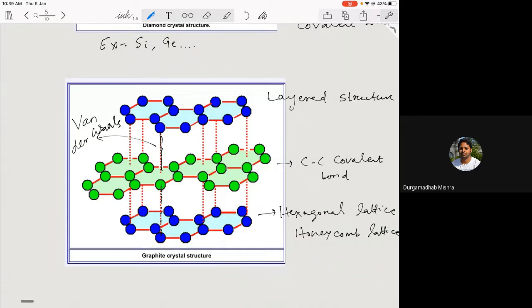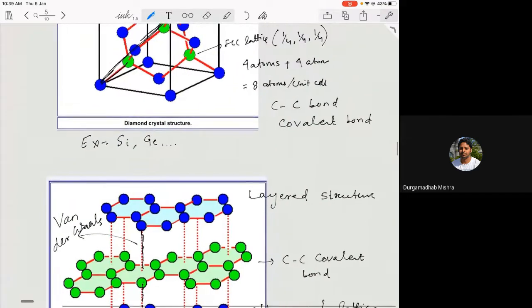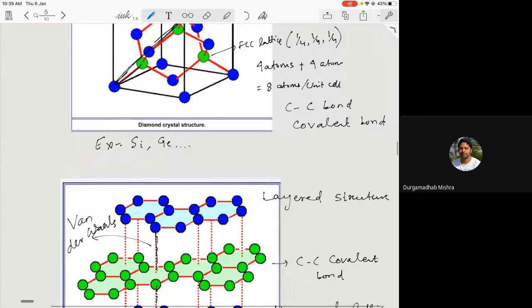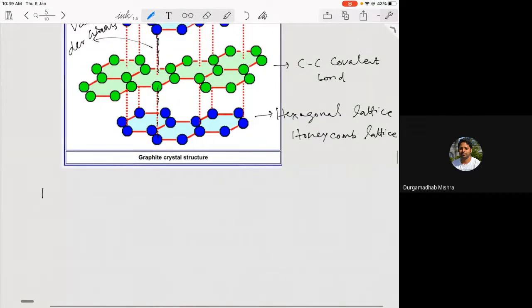And you see, in both cases you have carbon as the basis. It is the carbon atom, but they are arranged in different crystal structures, and that leads to very different properties of these two materials. So for example, if you compare, diamond is hard, one of the hardest materials.